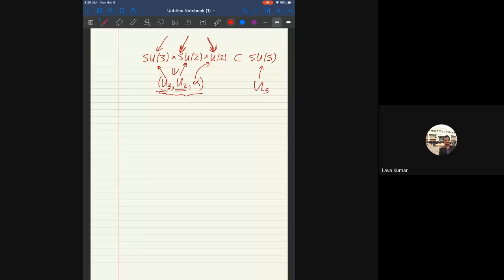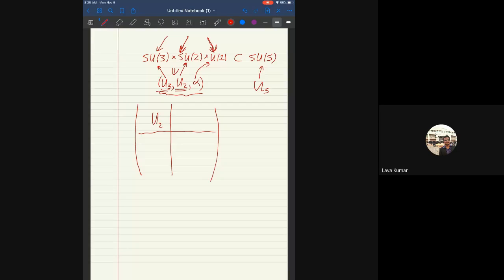You have to put them in basically in block diagonal form, if this is our 5x5 matrix.